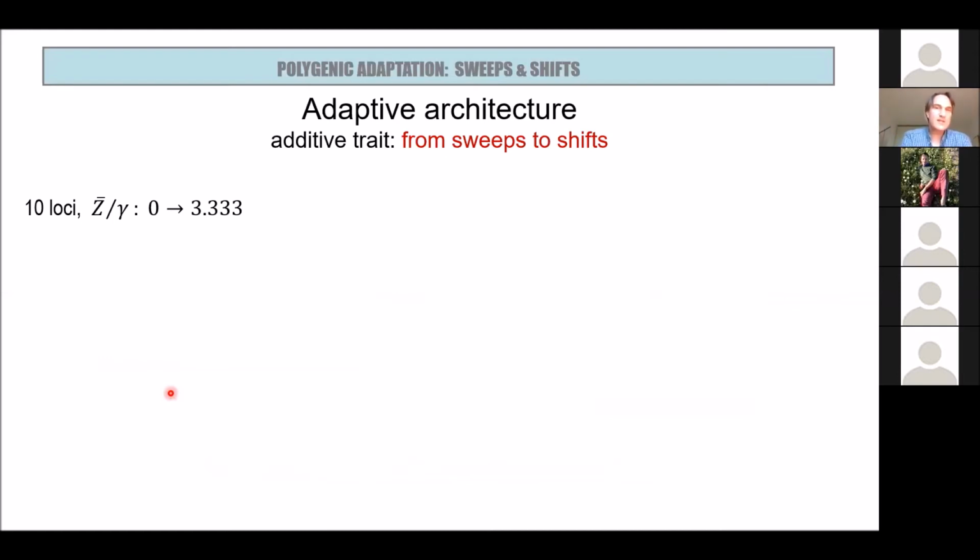Let's consider one scenario, a trait that is made up of 10 loci.